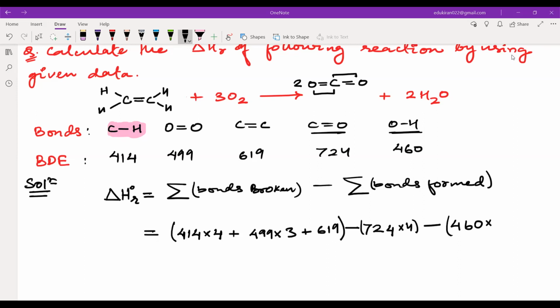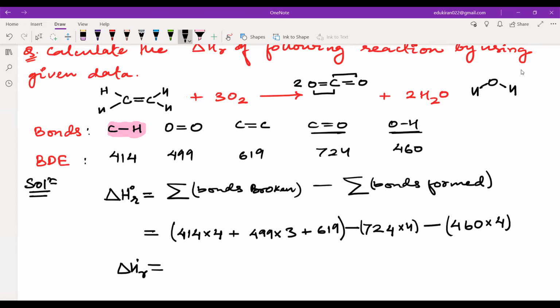So 4. Yes, correct. This is the structure, right? You have to know how many bonds are there. Now, all of you can calculate this. Yes or no, guys? Yes, sir. Then calculate this and tell me.